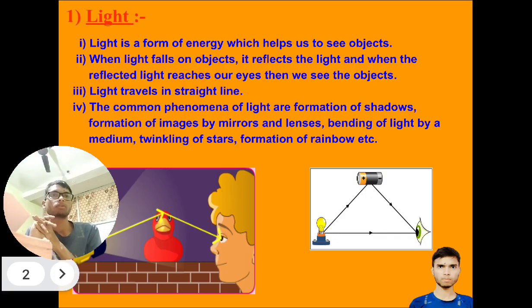Now next is the common phenomena of light: formation of shadow. Till here we have understood formation of images by mirrors and lenses, bending of light by a medium, twinkling of stars, formation of rainbow, etc. All of this we will understand one by one, slide by slide, in this lecture.